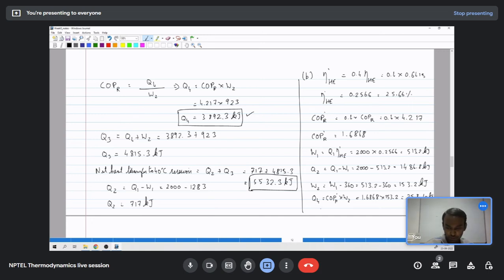Now we have Q3, which is Q4 plus W2, and that is 258.4 plus 153.2.